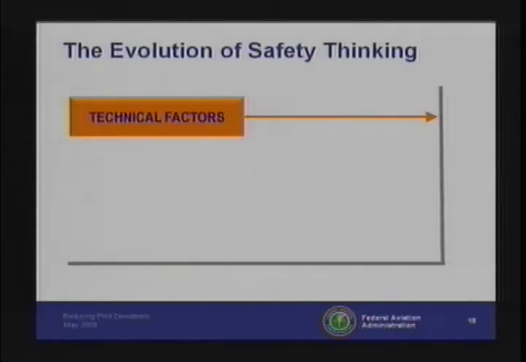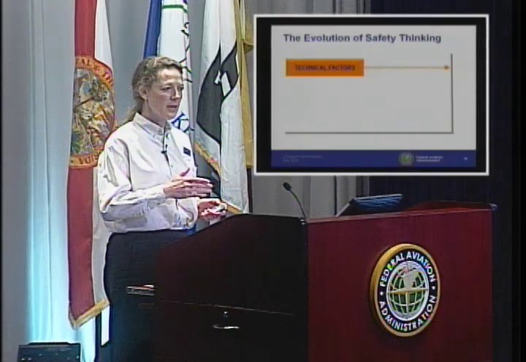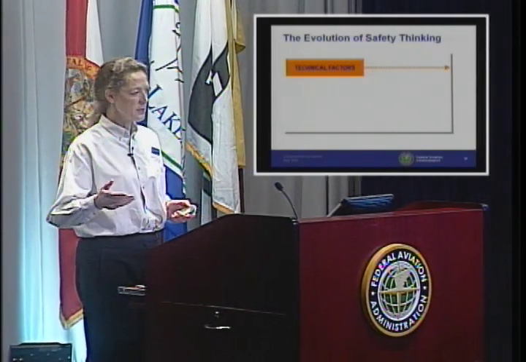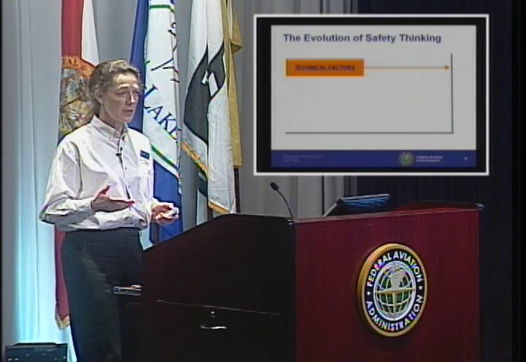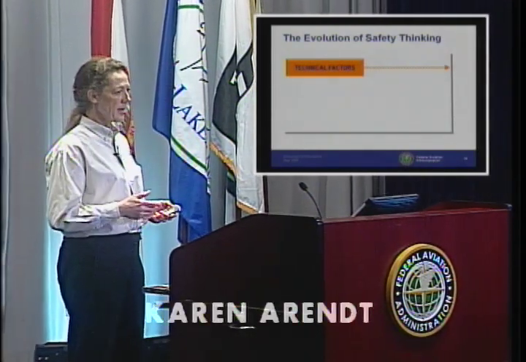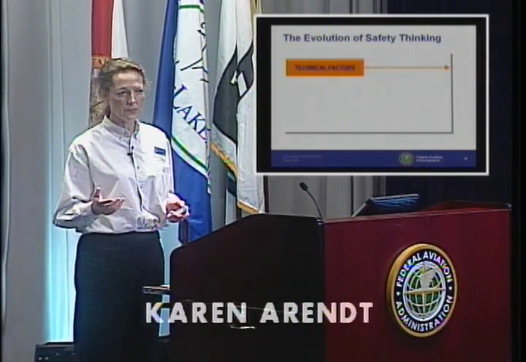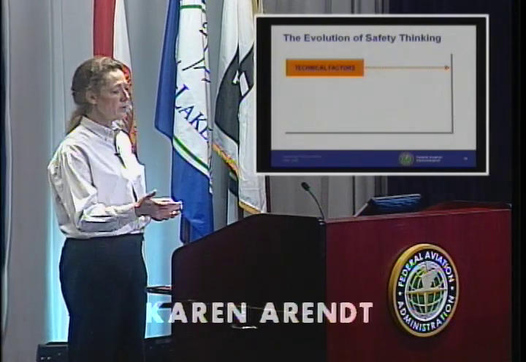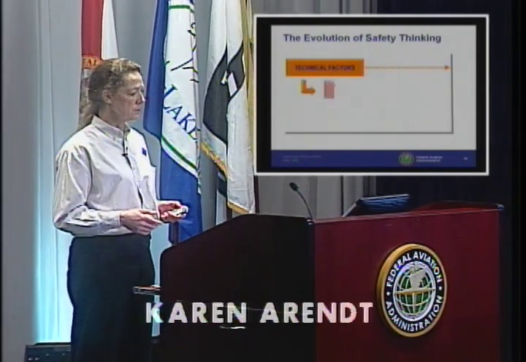So we're looking at the evolution of safety thinking: what direction are we going to take to try to reduce these deviations. Looking at the technical factors, the crash, fix, fly, crash syndrome, where an aircraft could be replaced as a light aircraft and put back into service. You can't do that with a 747 or 737. The evolution of thinking has changed.